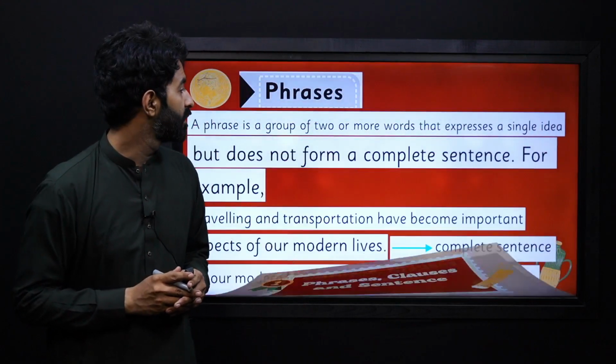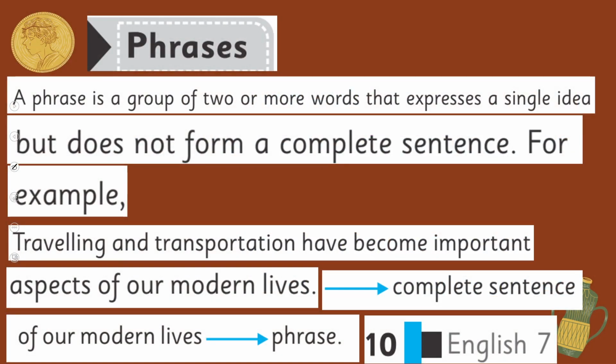Let's try to understand phrases first. This is from your page 10. A phrase is a group of two or more words that expresses a single idea but does not form a complete sentence. For example, traveling and transportation have become important aspects of our modern lives.